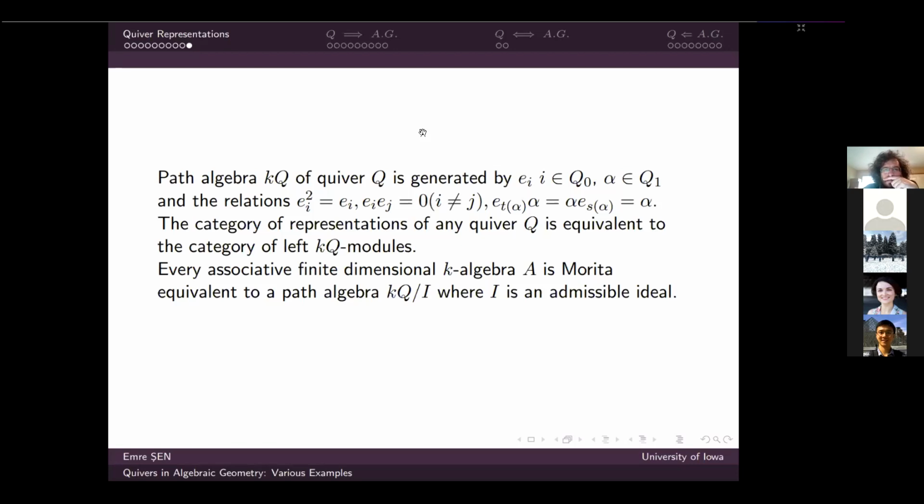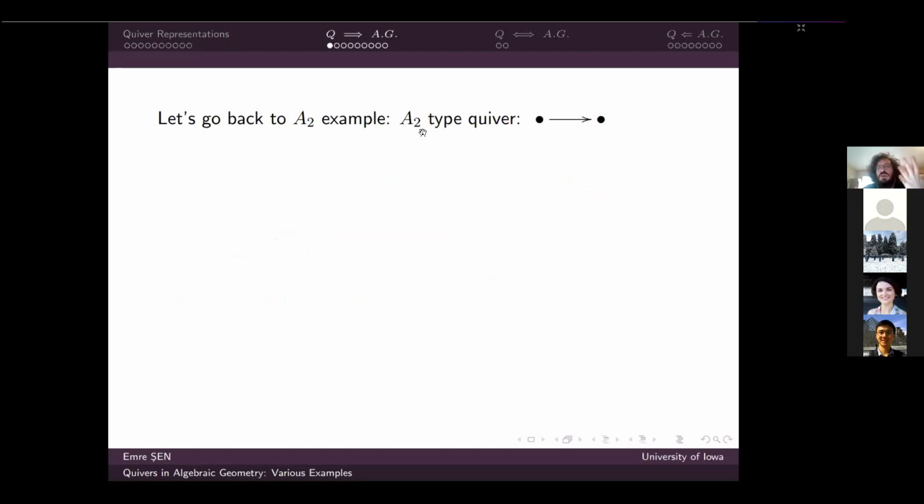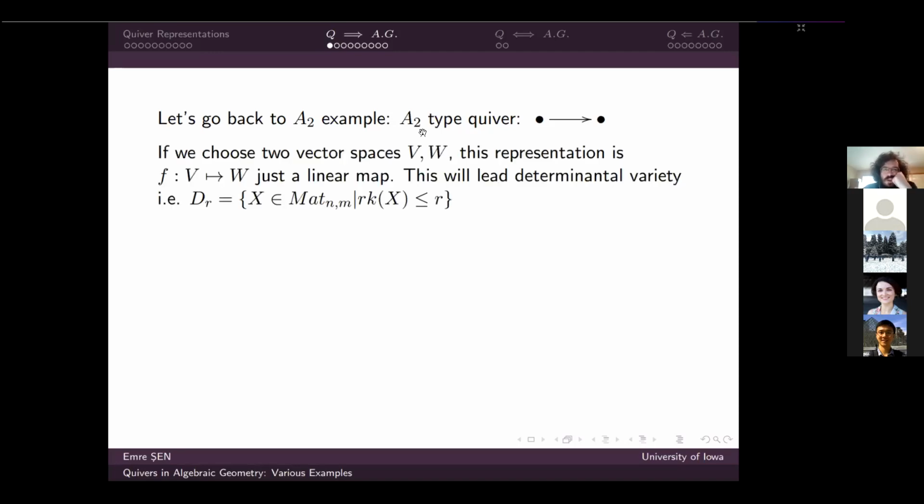Let's continue. Let's go back to A2 examples. Now I just want to do some geometry, how we can use the quiver information in algebraic geometry. So this is just one example. If we have two vector spaces, let's say here we have V and here we have W, and we consider all possible linear maps between them.